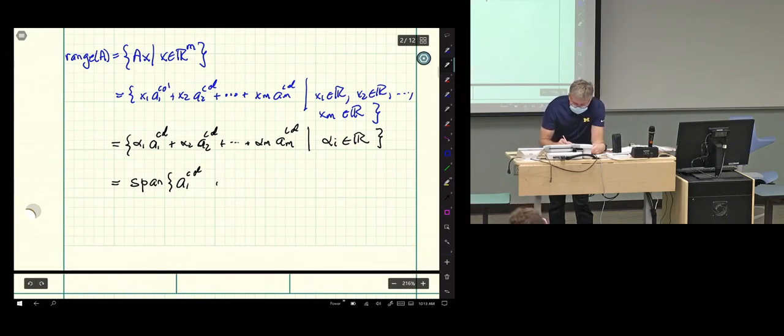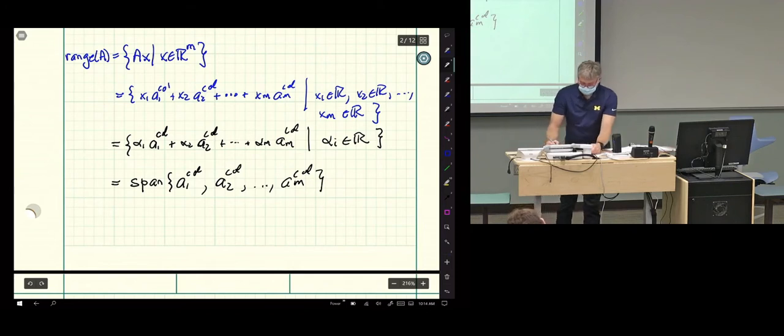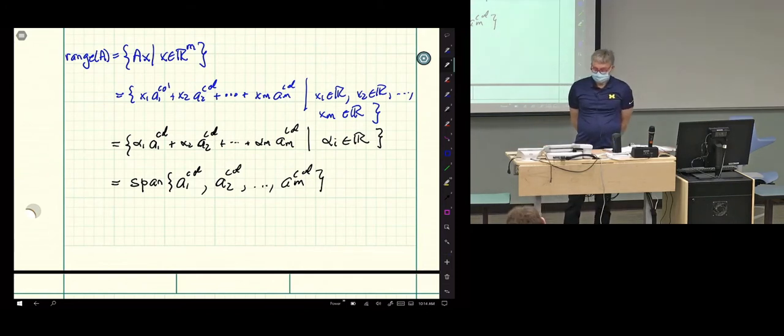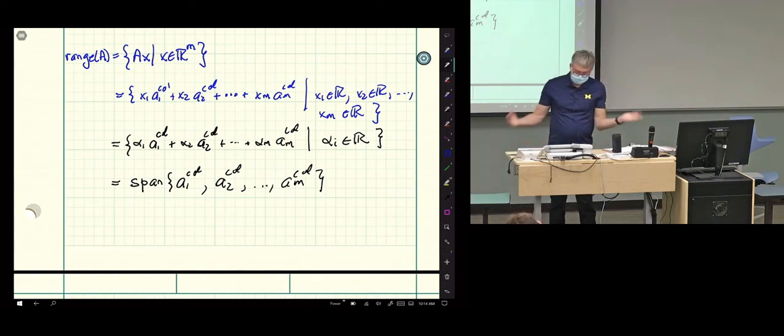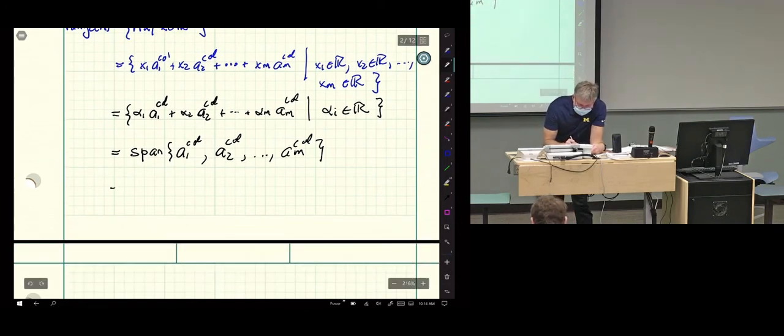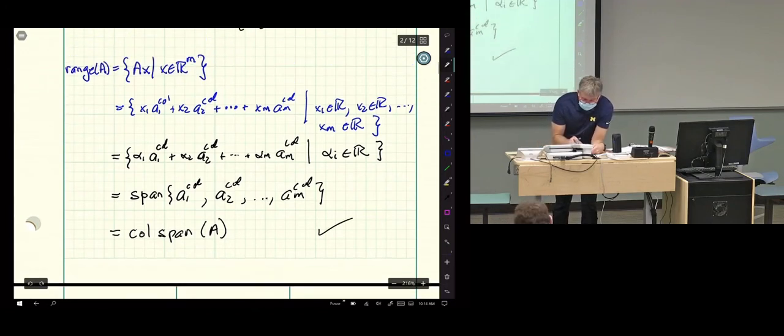Let's write A1 column, A2 column, dot, dot, dot, AM column. So we take all the linear combinations of the columns of A. That's the span of those vectors. And then that was what we called the column span of A. So it's true. Those two things are the same.